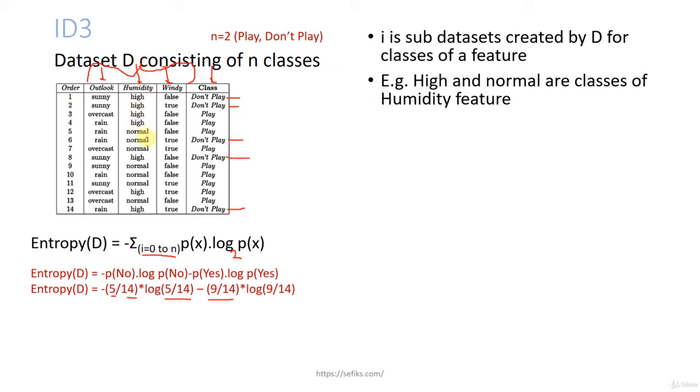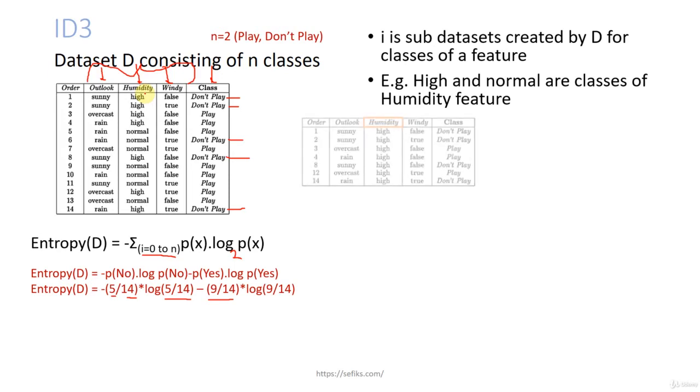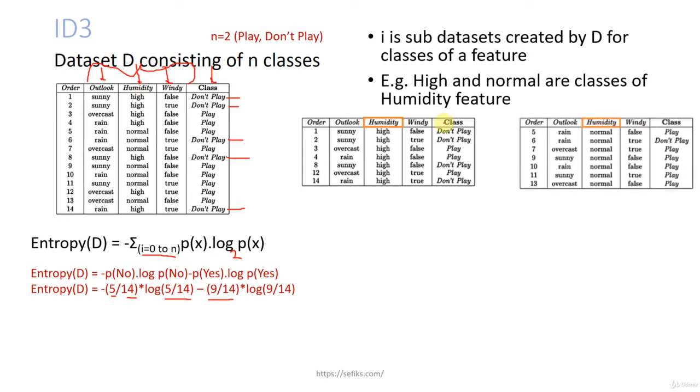As seen, there are high and normal classes in this feature. We are going to separate the data set into two sub data sets, and the first data set consists of only high humidity instances, and the second data set consists of only normal humidity instances. And we are going to calculate entropy for these sub data sets.